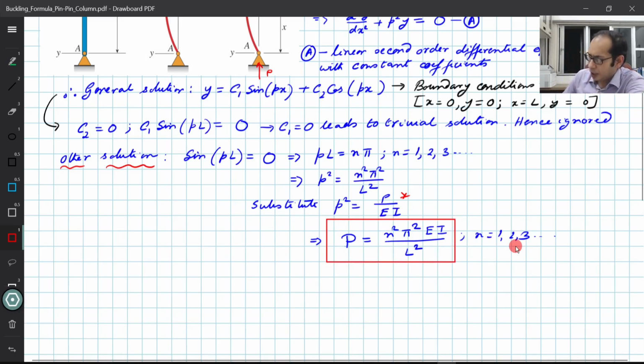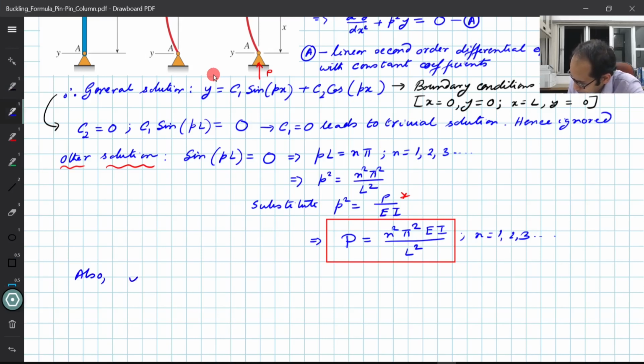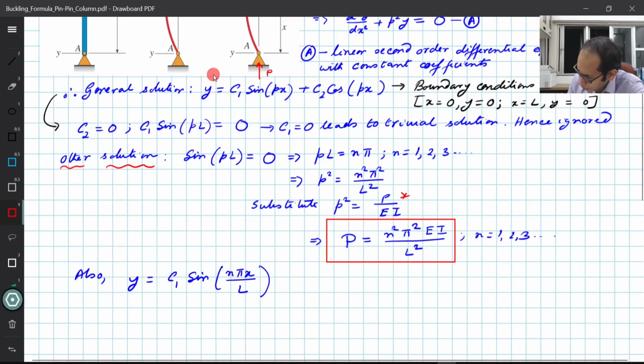Also, if you put p equals n pi by L in this equation over here, you will get the value of y. So if I put this small p equals n pi by L, I will get the value of y as, so this is also an important equation which gives you the deflected shape.